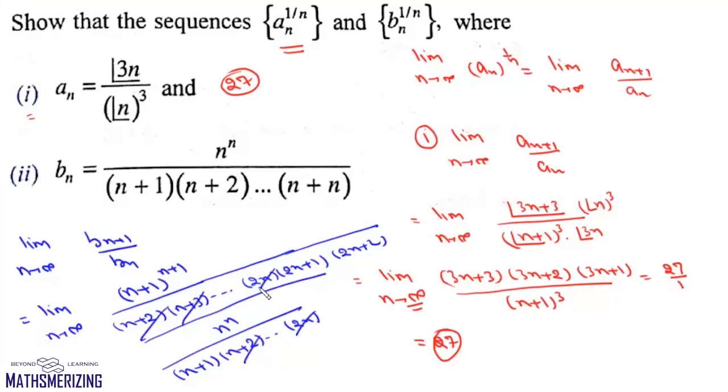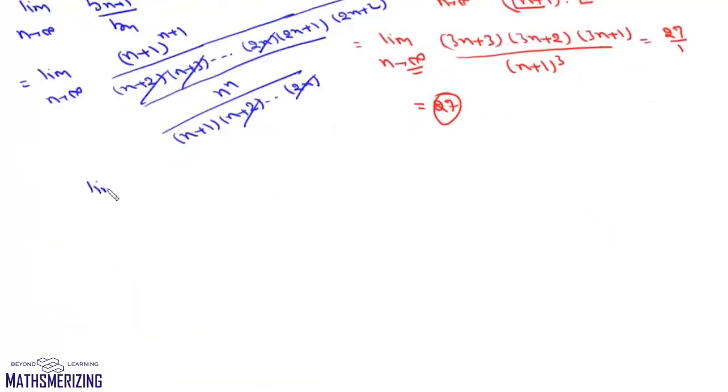Now we can write this as limit n tends to infinite n plus 1 to the power n plus 2 upon n to the power n, 2n plus 1 and 2 into n plus 1. We'll cancel this n plus 1 once. So you'll get n plus 1 to the power n plus 1.